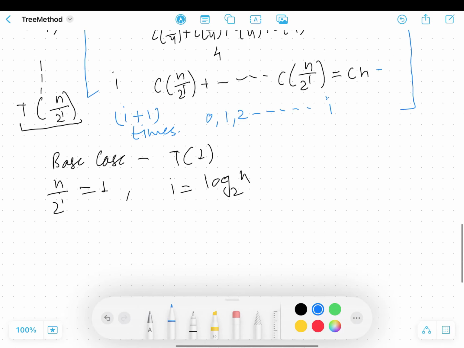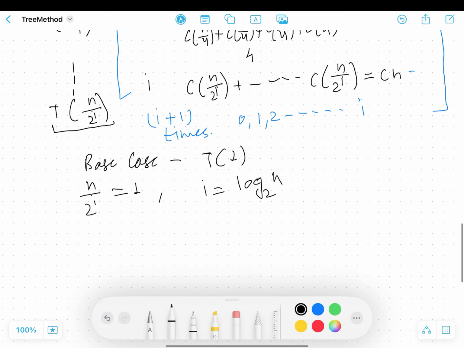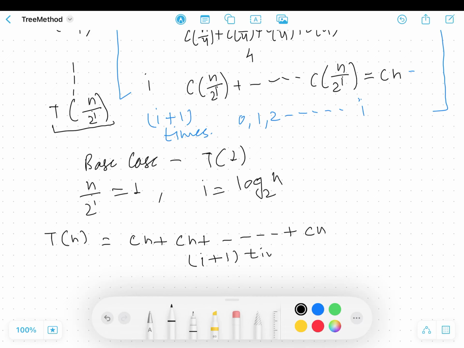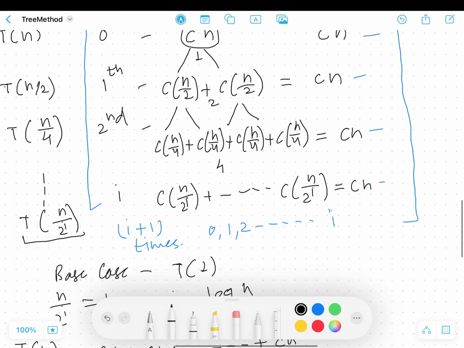This means we are going to do Cn plus Cn plus Cn, and how many times? i plus 1 times, right? Because 0th level, first level, second level, and ith level.